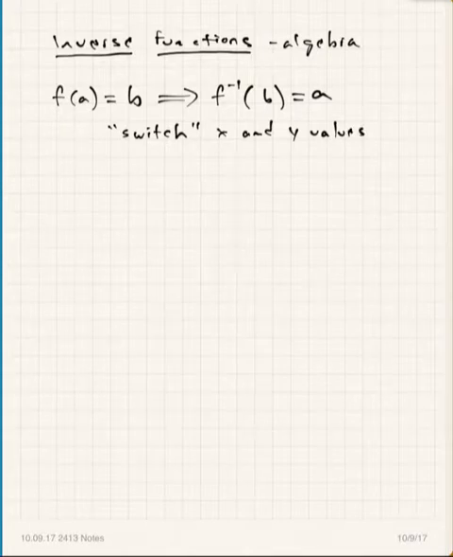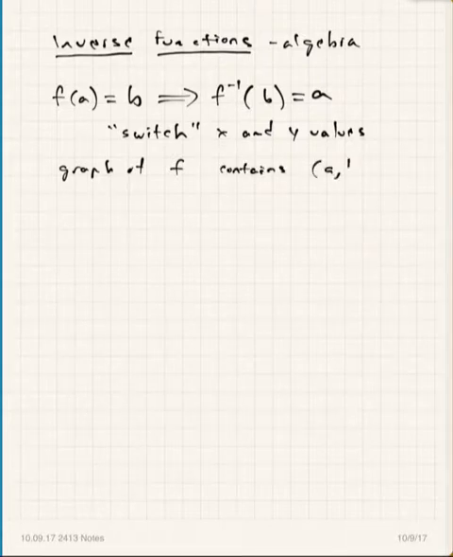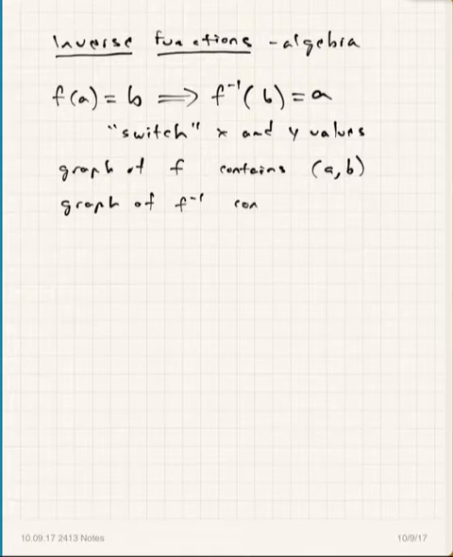Right, so the graph of f contains the point AB, and the graph of f inverse contains the point BA, right, that they interchange x and y values.